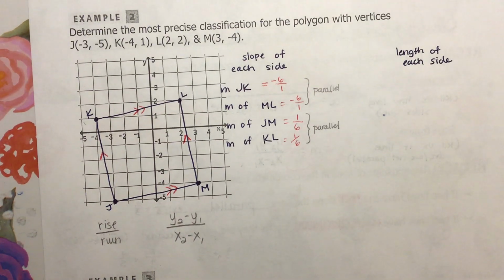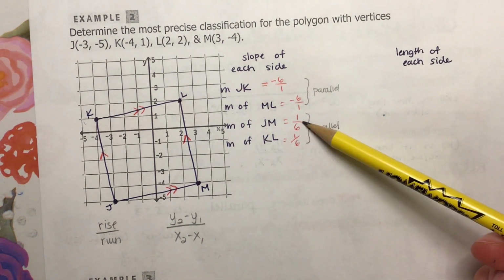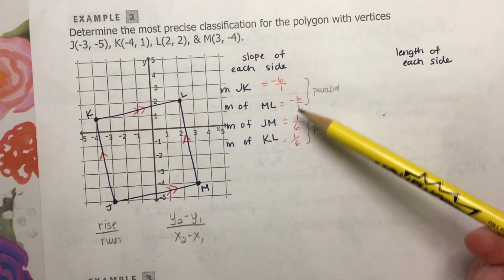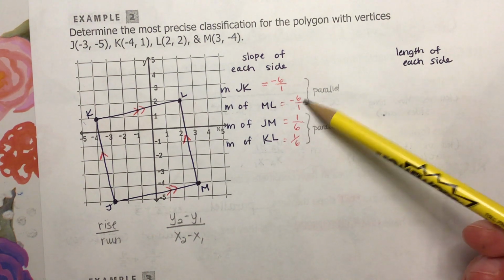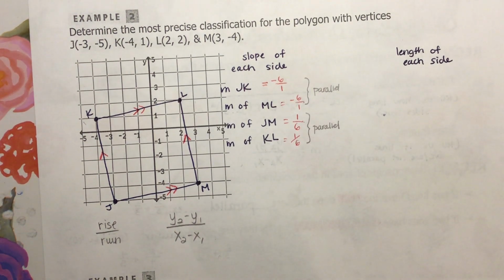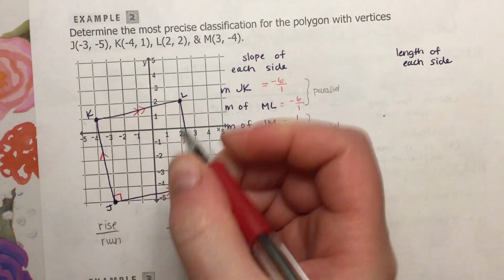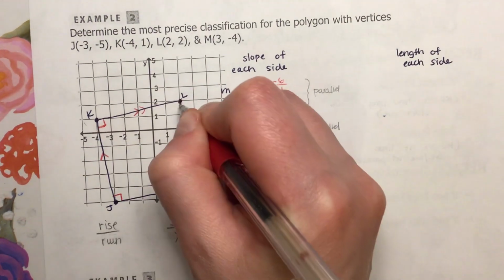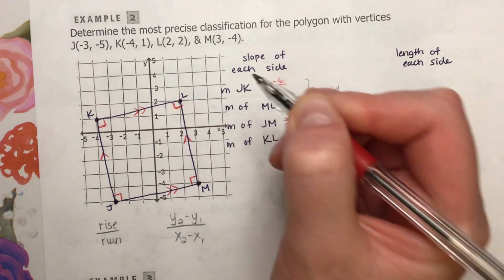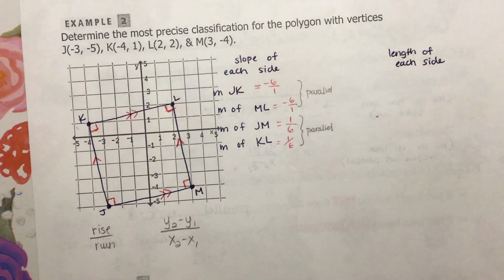So far we know it's a parallelogram, but also positive 1/6 is the opposite reciprocal of -6 over 1. So that means that all of these corners are right angles. So we now know that this is at least a rectangle. We don't know if it's a square yet, so that's what we want to figure out.